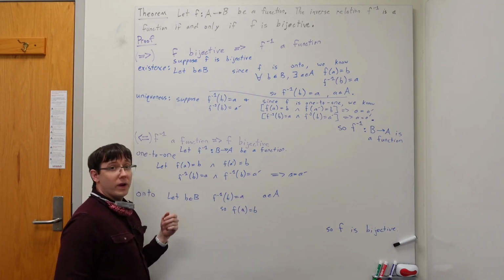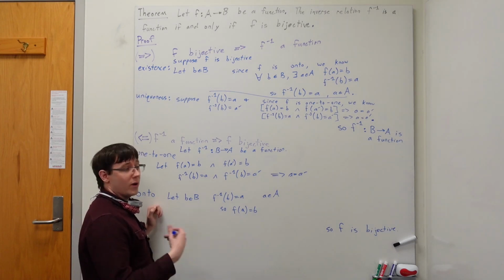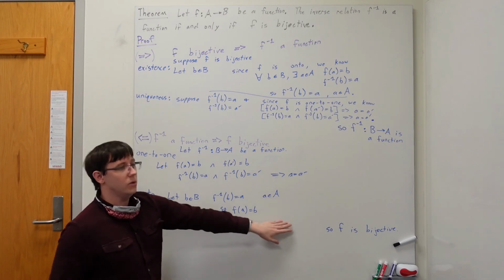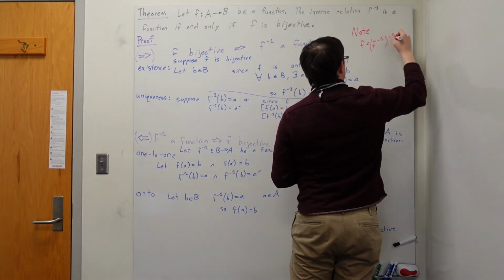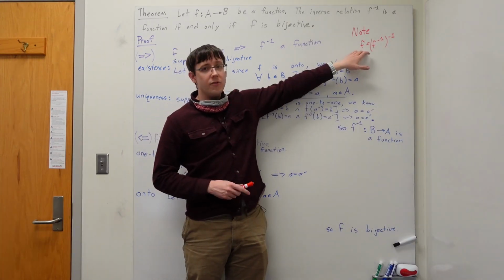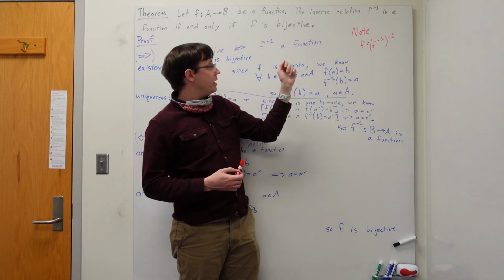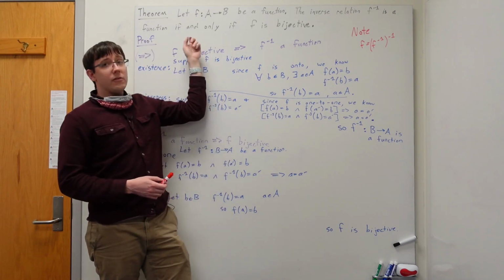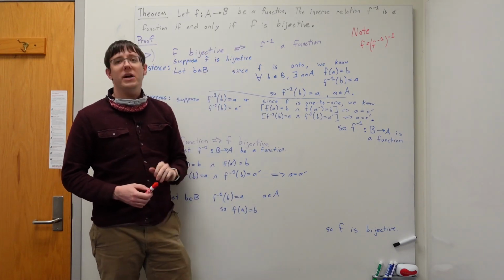And so we have a way of hitting every possible output, so f is onto. And since it's both one-to-one and onto, f is bijective. And of course, since f is the inverse of f inverse, this theorem also means that the relation f is a function if and only if f inverse is bijective.